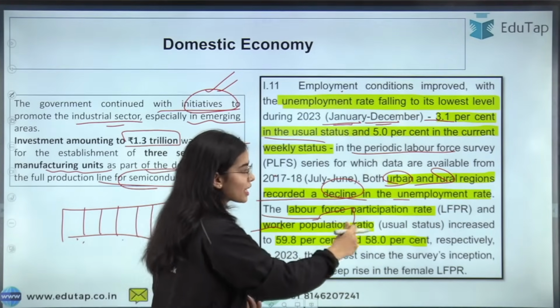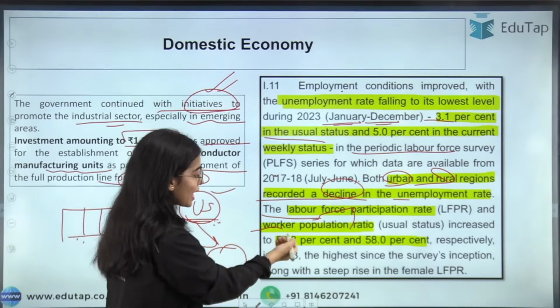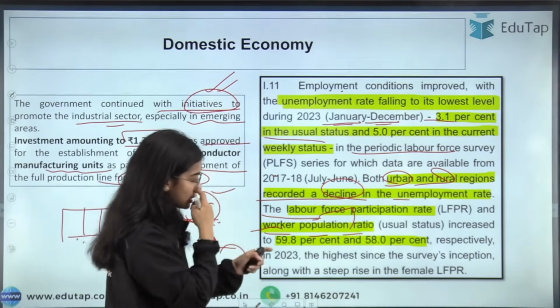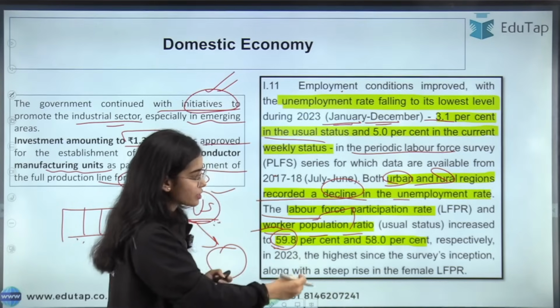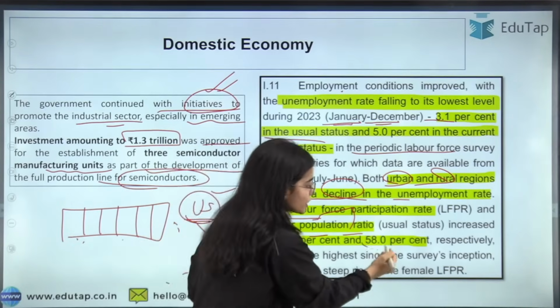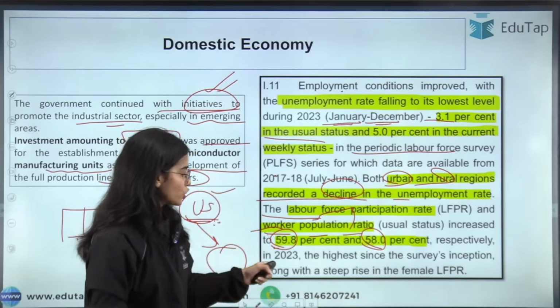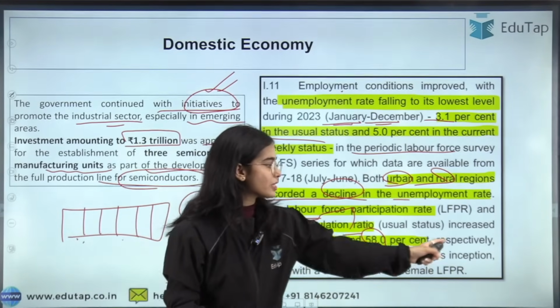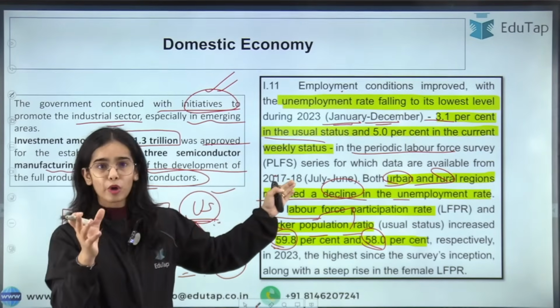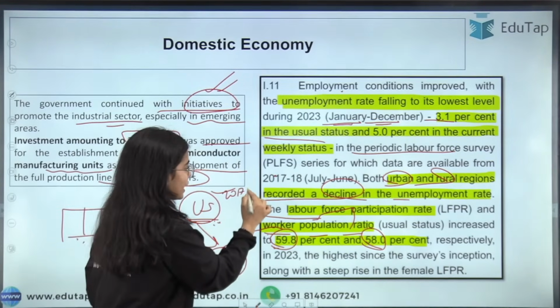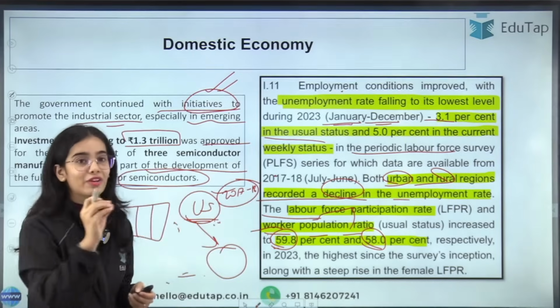The labor force participation rate has also increased, and the worker population ratio. The labor force participation rate is 59.8% and the worker population ratio is 58% respectively in 2023, the highest since the survey's inception. The survey started from 2017-18.